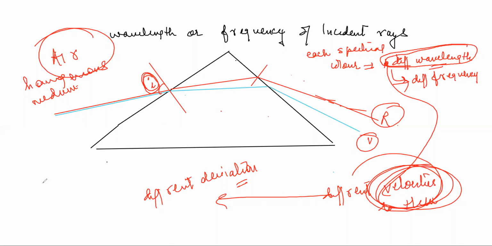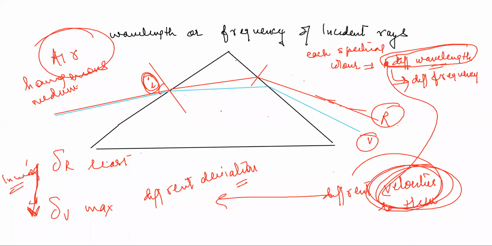Delta red, delta violet. Fine. Now, out of these deviations, delta red is the least and delta violet is the maximum for a given prism at a given angle of incidence. So from top to bottom in the prism, the value of delta keeps on increasing.